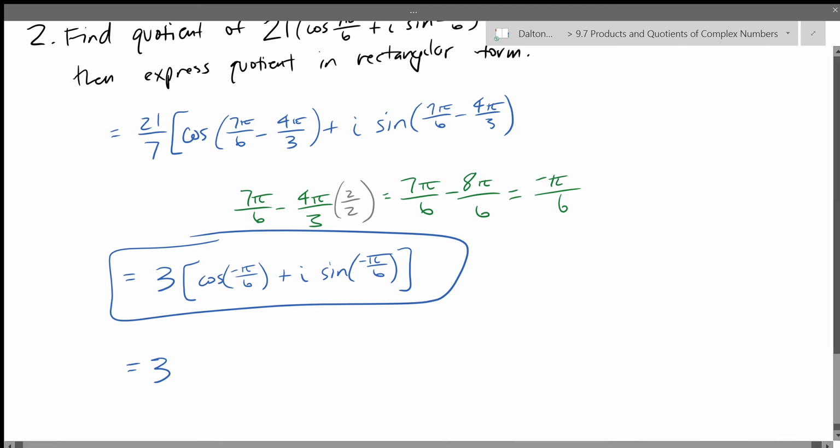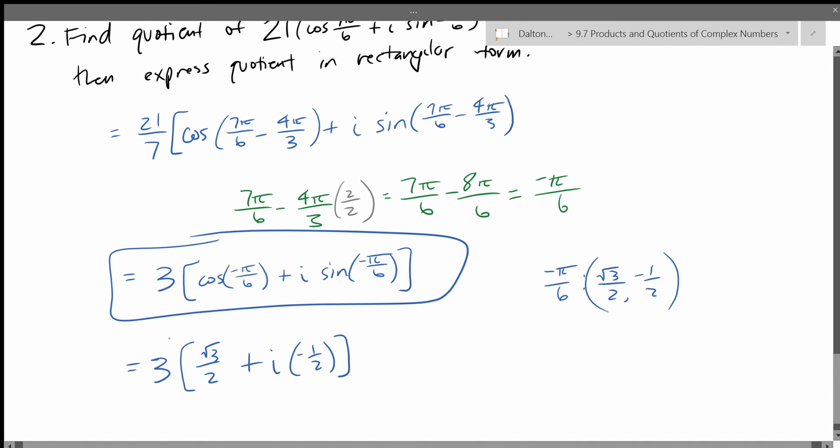Okay, so then if I use my coordinates at negative pi over 6, which are square root of 3 over 2, negative 1/2, and then I plug those in for cosine and sine. So it'd be 3 times the cosine of negative pi over 6, which is square root of 3 over 2, plus i times the sine, which is the y value, negative 1/2.